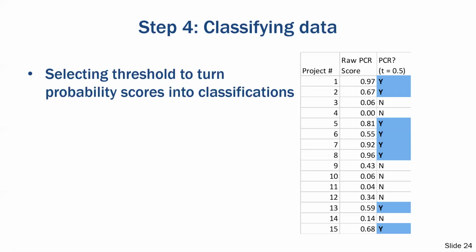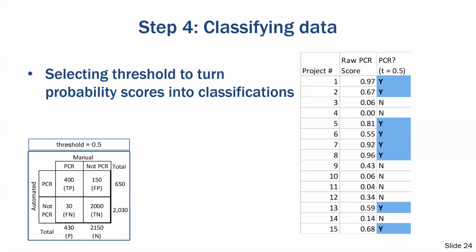With a threshold of 0.5, a naive threshold right in the middle, you might have this set of 9 projects classified as PCR. And that might correspond across your entire data set to the same numbers that we saw before, with the 400 true positives, the 2,000 true negatives, sensitivity and specificity of 93%.